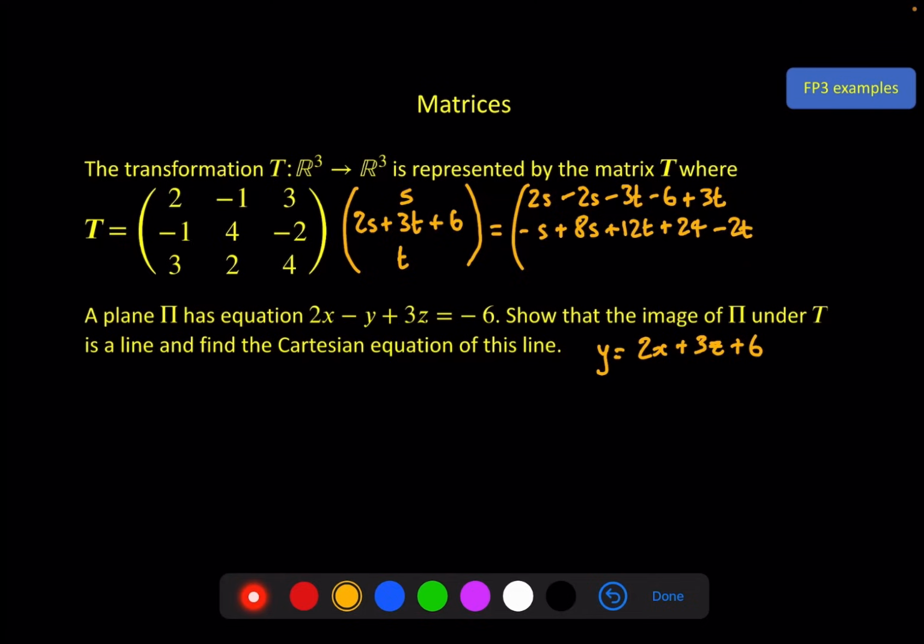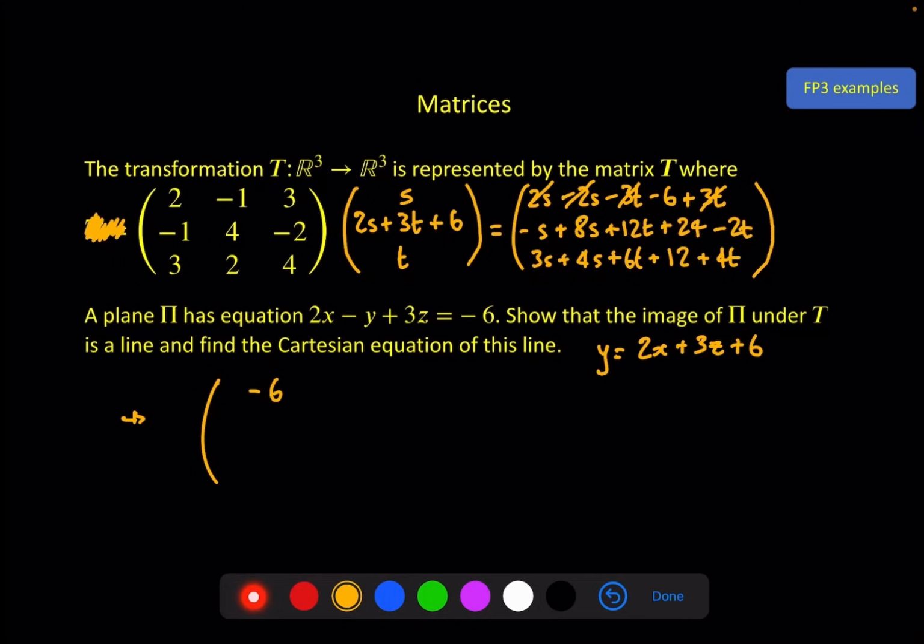And the third one, 3s plus 4s plus 6t plus 12 plus 4t. I'm going to simplify that down here. So this is not t anymore, this is t applied to the general point, and we get the 2s's cancel out, the 3t's cancel out, and we just have minus 6.